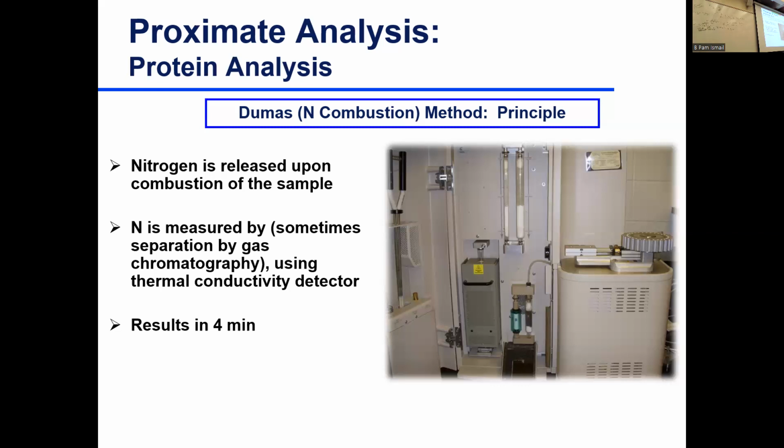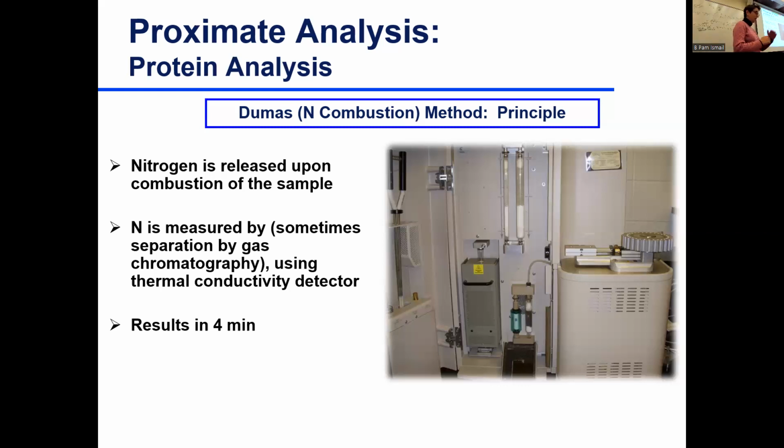to reduce NOx into nitrogen gas, N2. Then you have nitrogen gas, CO2 and H2O. They go into scrubbers, one for CO2 and one for H2O or vapor. Then your nitrogen gets detected using a thermal conductivity detector. It's like the GC detector that you've learned about, which measures changes in conductivity.